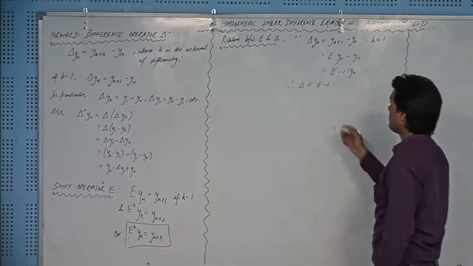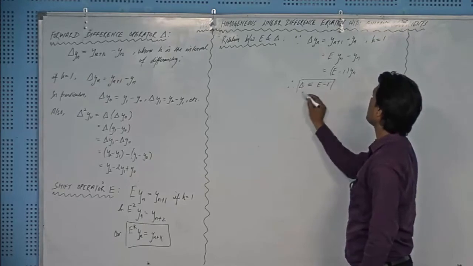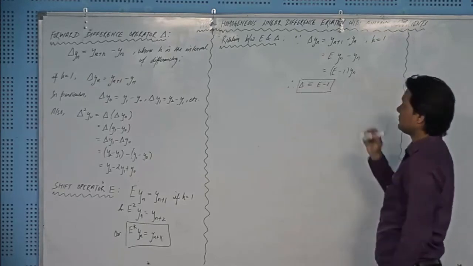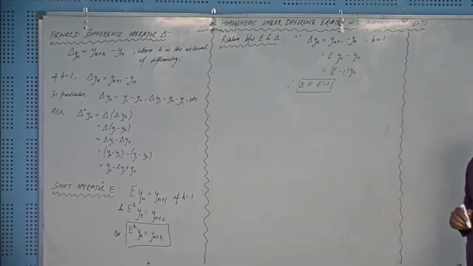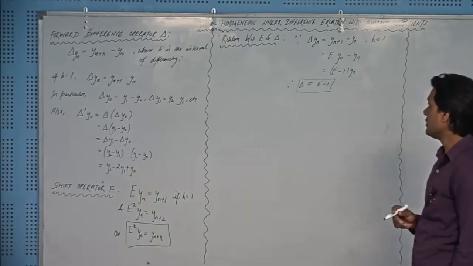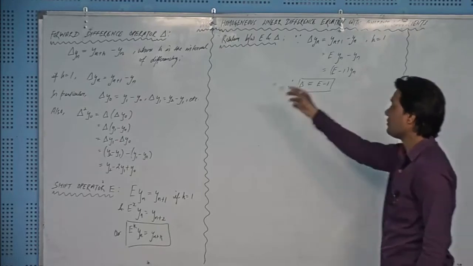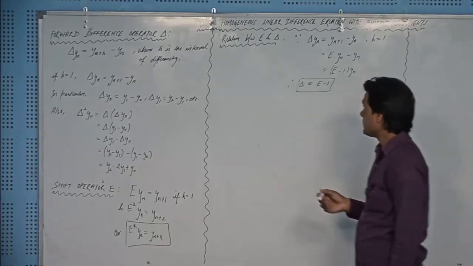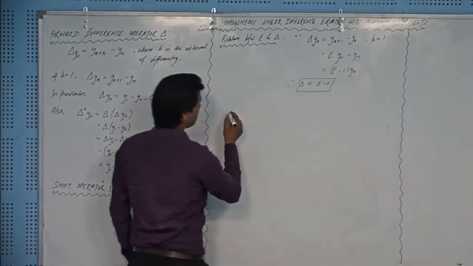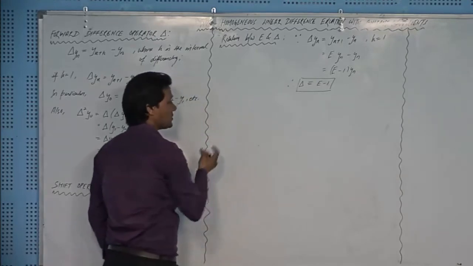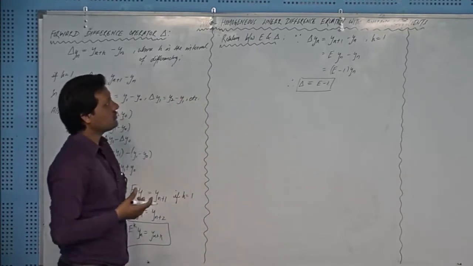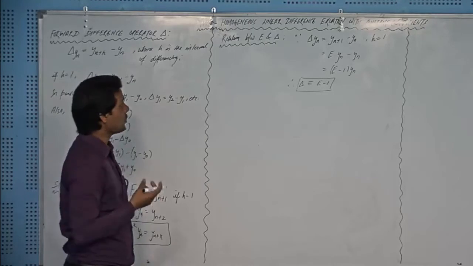So this relationship will also be used in our operator method. So I will start that method. These operators will be used. So what is the operator method? I will start with the standard linear difference equation with constant coefficients, non-homogeneous type.